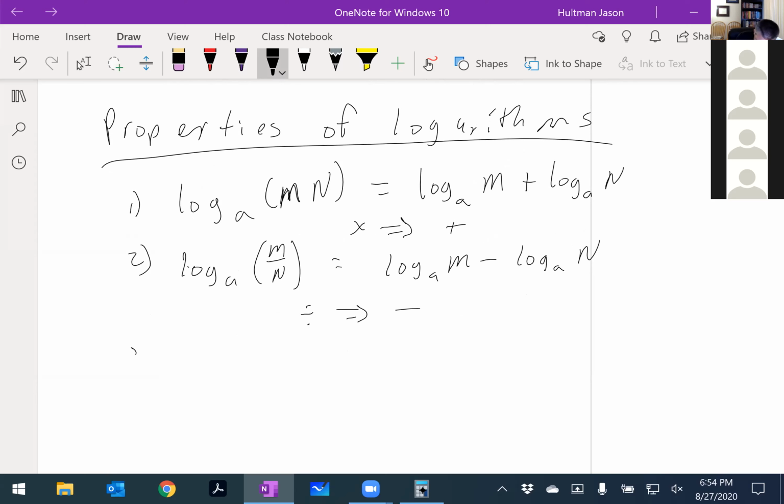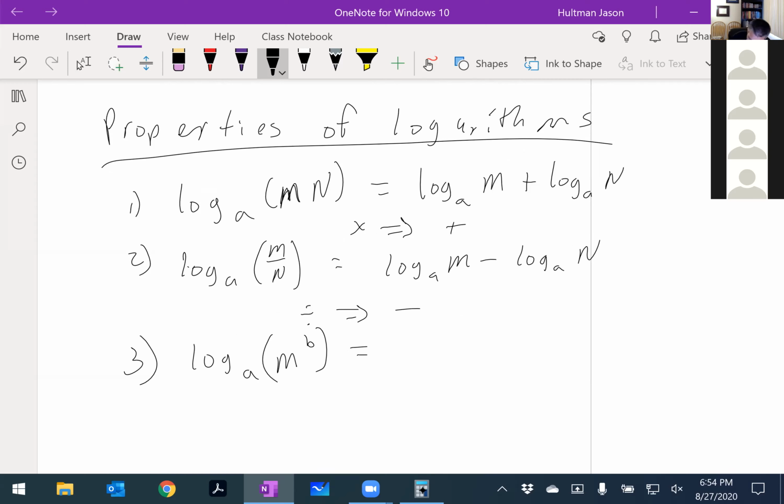So let's look at number 3 here. So we have log base a of m to the b power. Well, what is repeated multiplication? Repeated multiplication is exponents, right? So this is just being repeatedly multiplied.